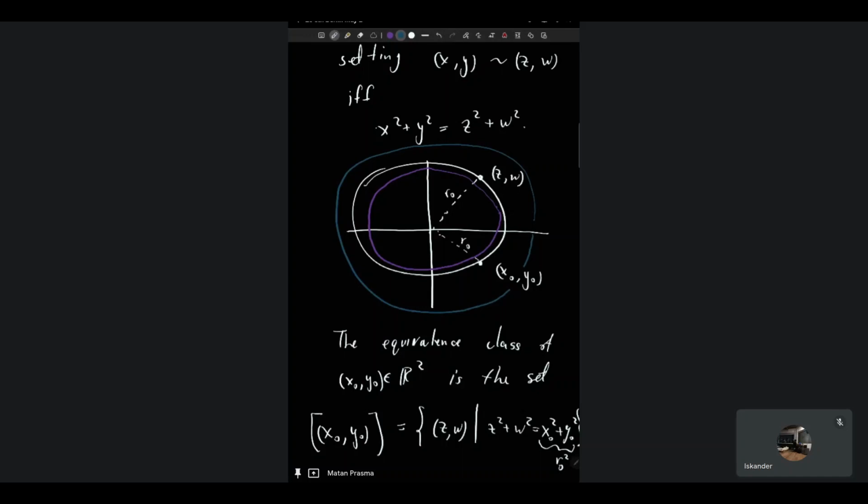So now I want to consider the quotient. What is the quotient? On a formal level, the quotient is just the set of all circles that are centered around the origin, and every circle is a different equivalence class.